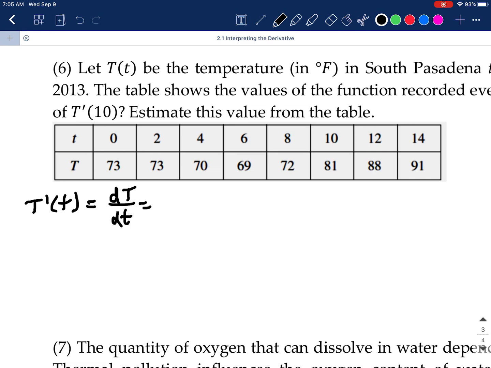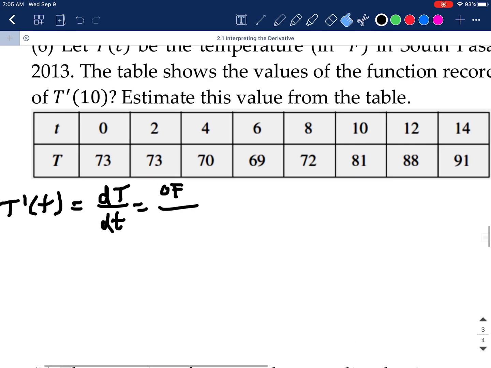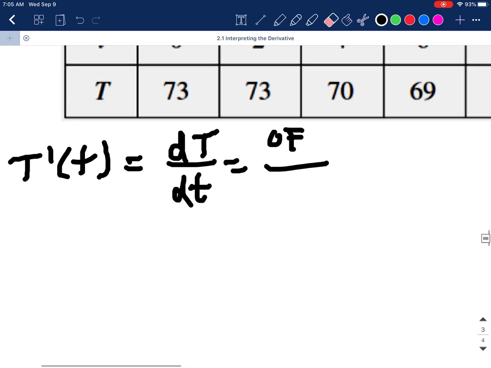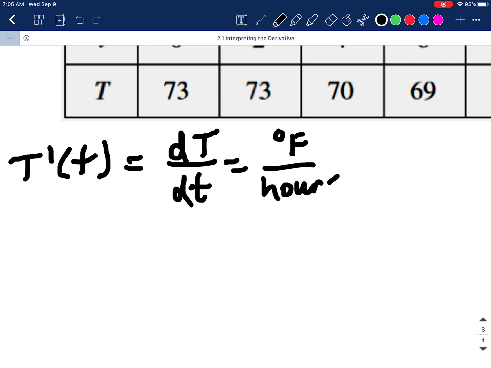Well, the differential of temperature is temperature in Fahrenheit, and then the differential of time is just going to be time, in this case, hours. So we can update that. Let me zoom in a bit here. So degrees Fahrenheit. So this is going to be the change in temperature per hour, right?